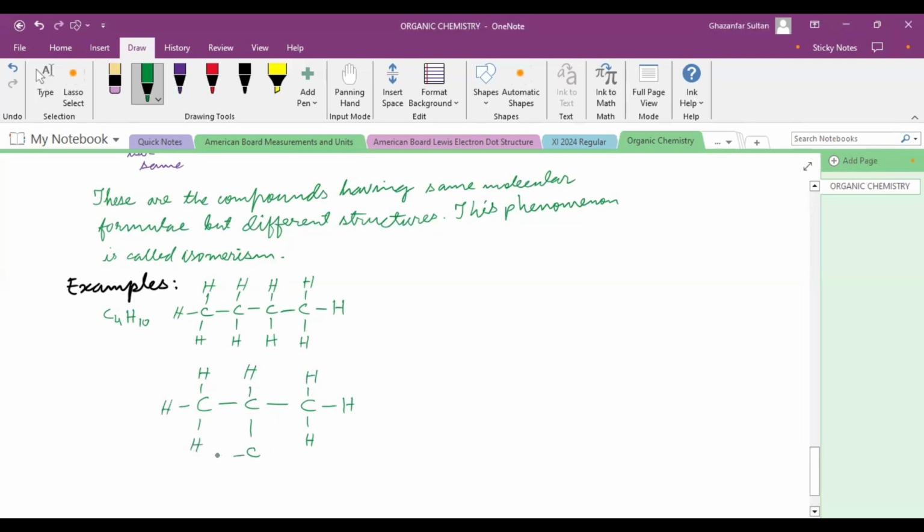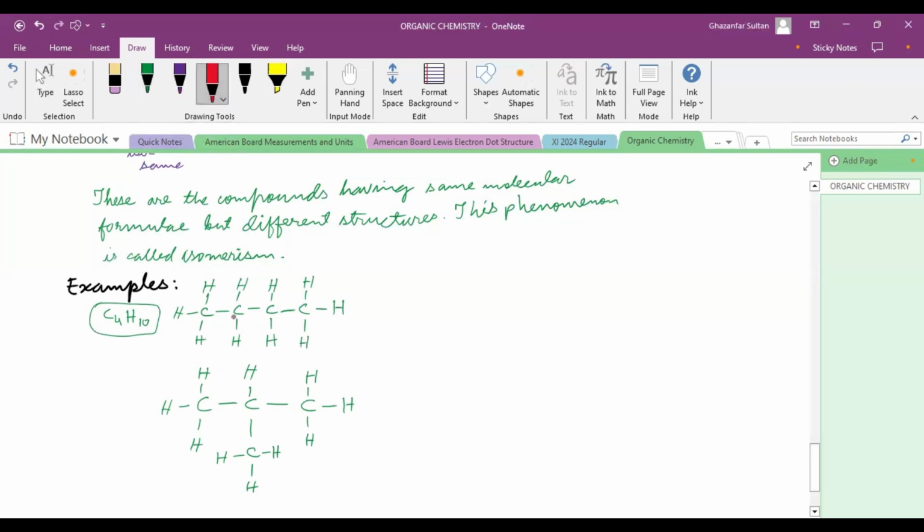So I'm drawing displayed formula for both of these. Both of them have the same molecular formula, C4H10. You can find it. 1, 2, 3, 4, and hydrogen 1, 2, 3, 4, 5, 6, 7, 8, 9, 10. But they have different arrangements, so they have different names.